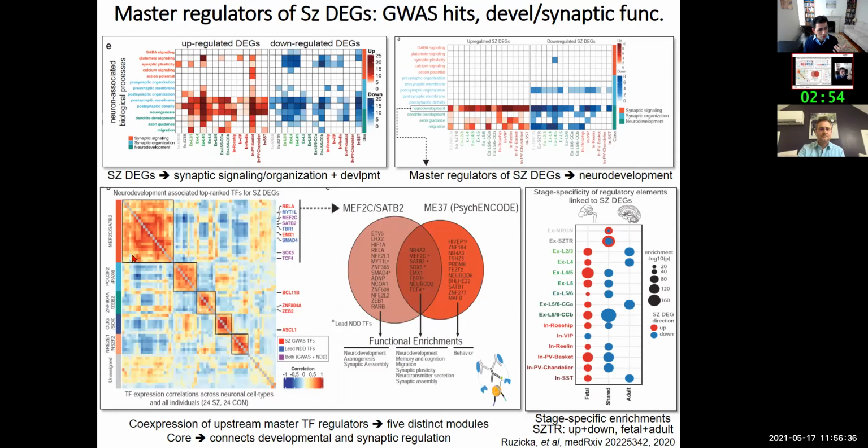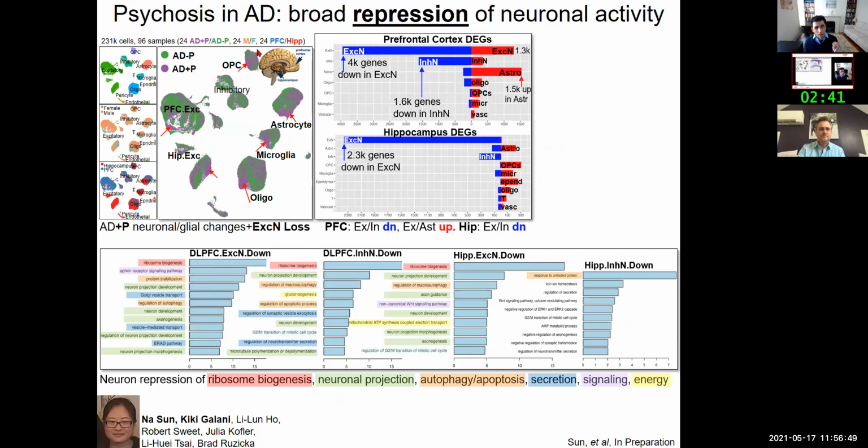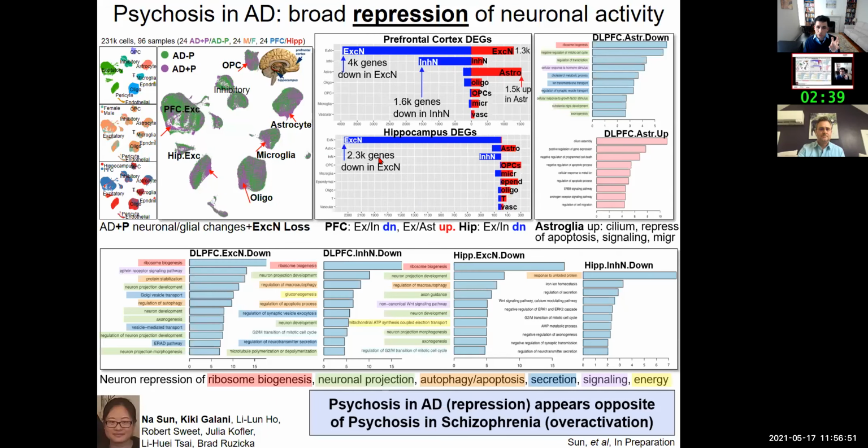We're able to use this information to start predicting upstream regulators and when they're acting in development. And we're finding that they have both synaptic functions and neurodevelopmental functions. We're able to carry this out for psychosis in the context of AD. And what we're finding, in contrast to schizophrenia, is that psychosis in Alzheimer's is associated with loss of excitatory and inhibitory neuron function rather than overactivation, as we see in schizophrenia.